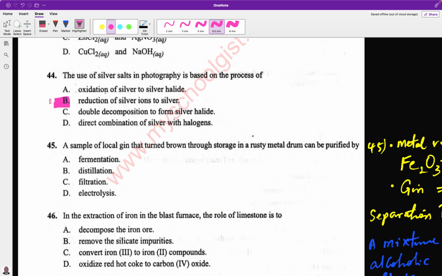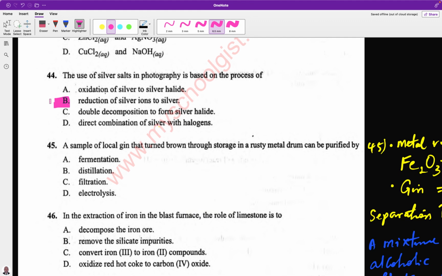But it should be recalled that when the alcoholic spirit is stored in a metal container that can undergo rusting, after a period of time there's corrosion, and the alcoholic spirit gets mixed up with the rust, giving the brown color that has been described here. Now, we need to purify this and get back the alcoholic spirit, which is called the gin. What is the method that can be used for this?